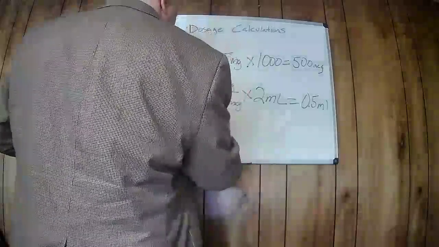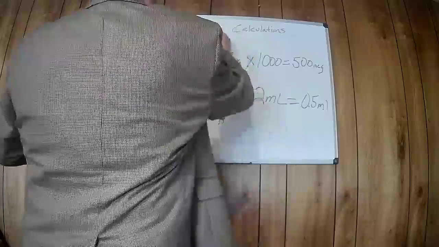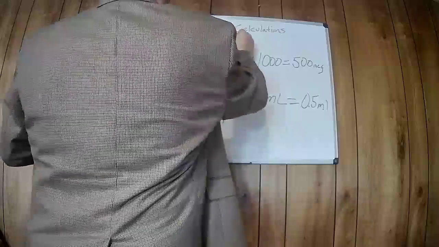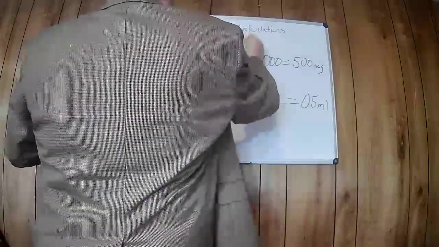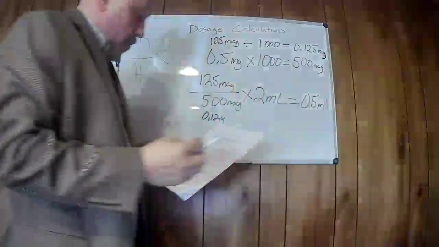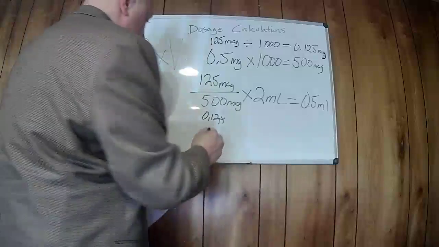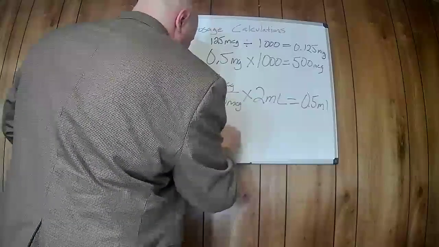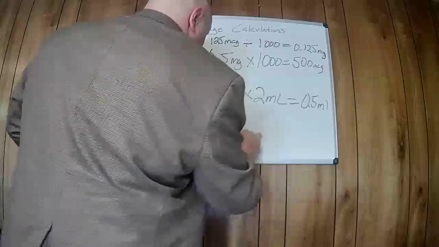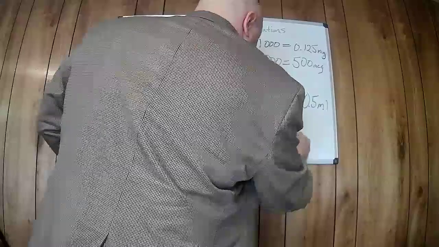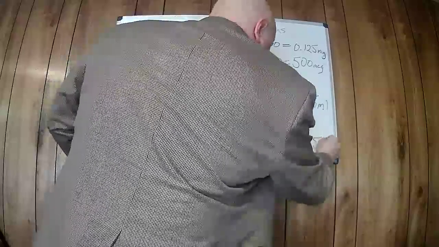That'd be 0.125, because in this case, 125 mcg divided by 1,000 is going to equal 0.125 milligrams. 0.125 milligrams over 0.5 milligrams times 2 milliliters, again, equals 0.5 mLs.